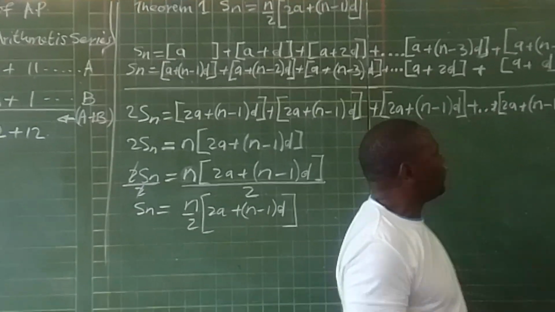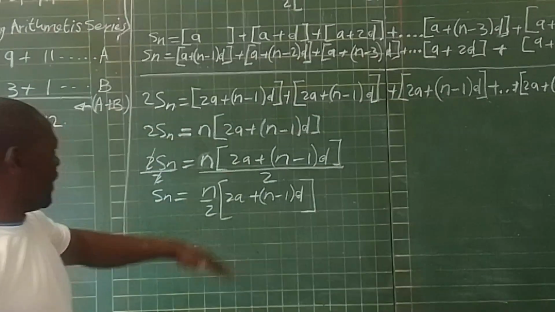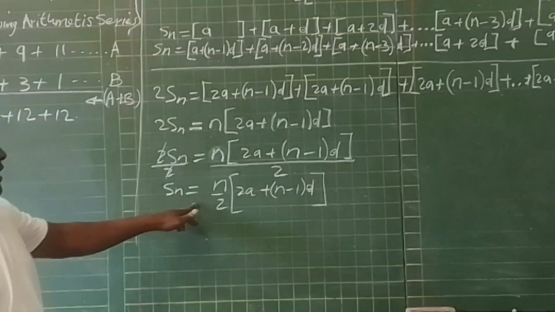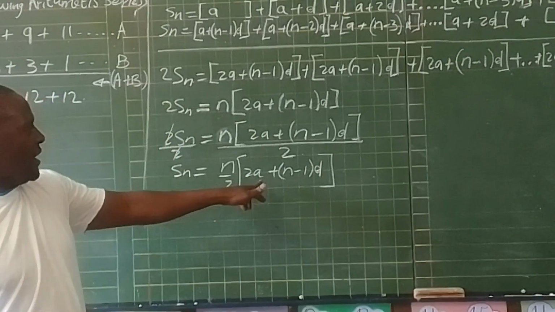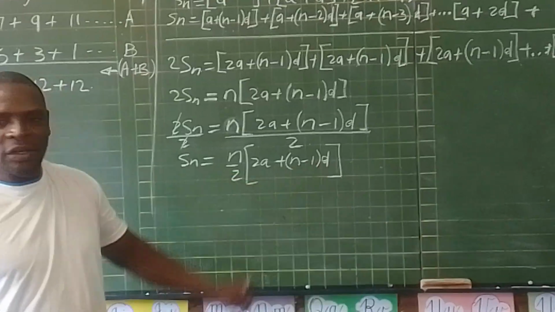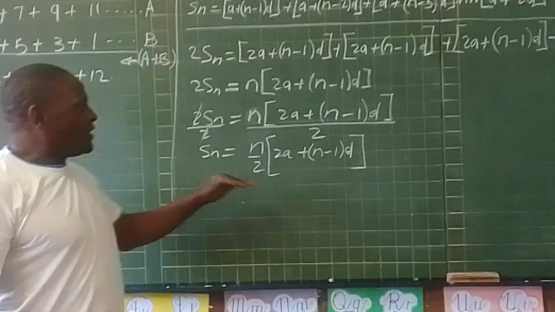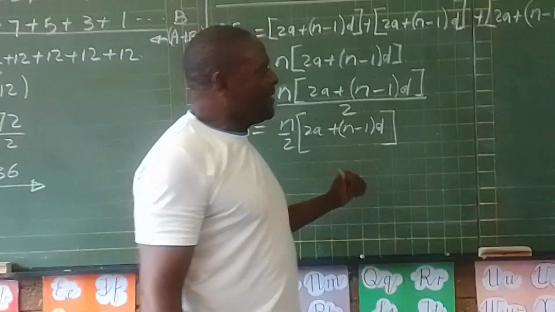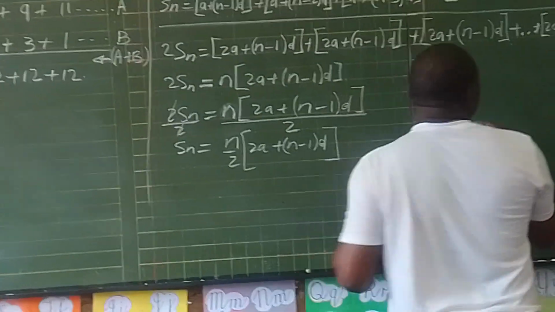Then everything falls into place. From there you add, you find out that Sn equals n over 2 of 2a plus n minus 1d.